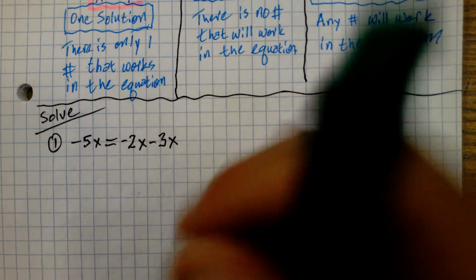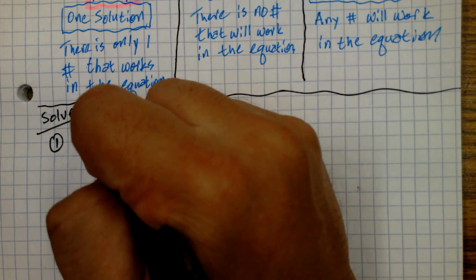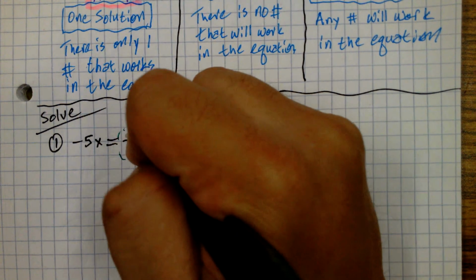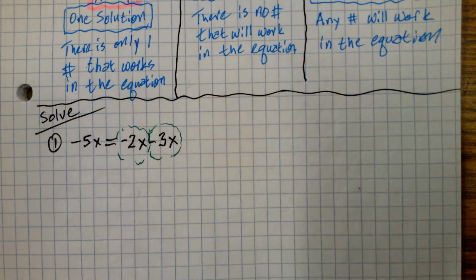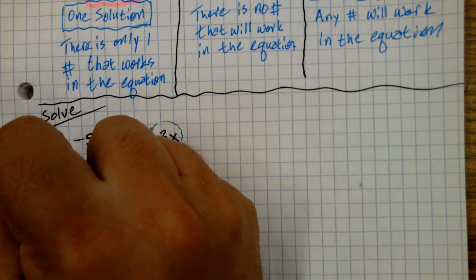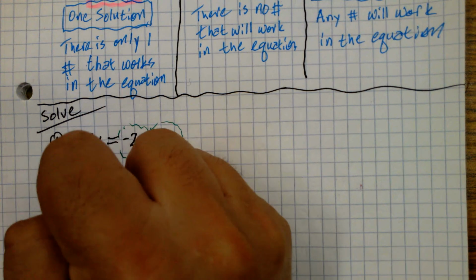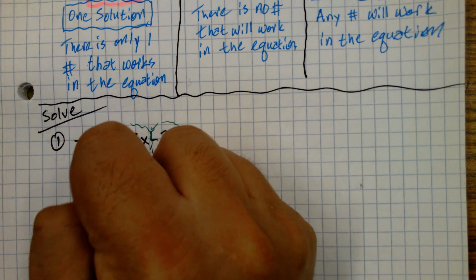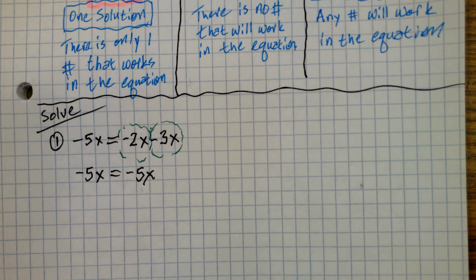I have negative 2x, negative 3x. If I combine negative 2 and negative 3, I get negative 5x.